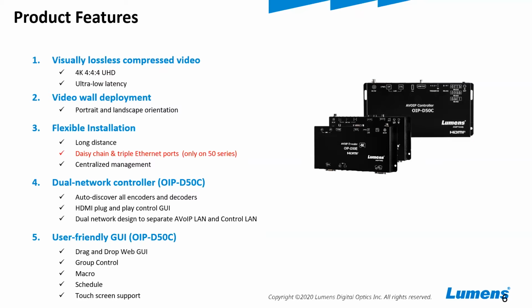Our controller auto discovers all of our encoders and decoders. It has an HDMI out plug, as well as a play control GUI. The dual network design separates the AV over IP LAN as well as the control LAN. And we have a very user-friendly GUI for the 50 series for drag and drop, group control, macro scheduling, and it also supports touchscreen features.